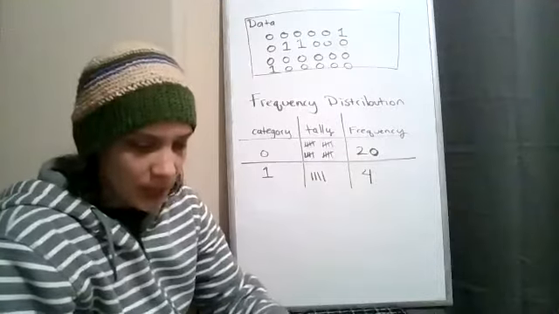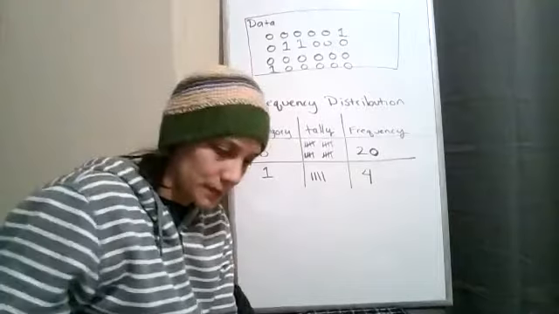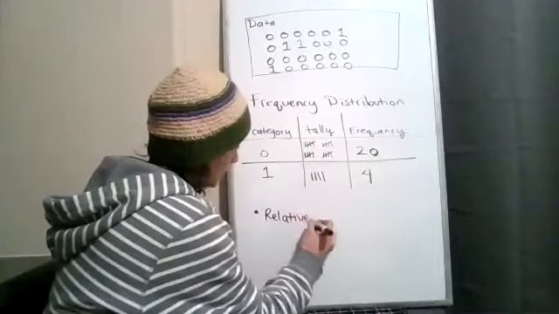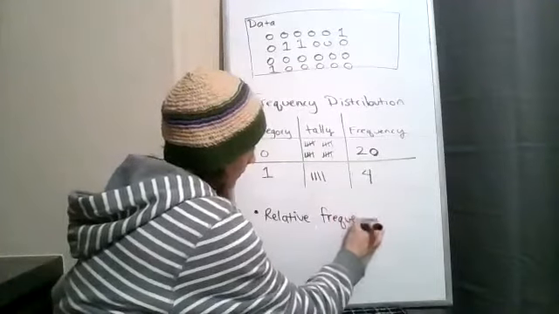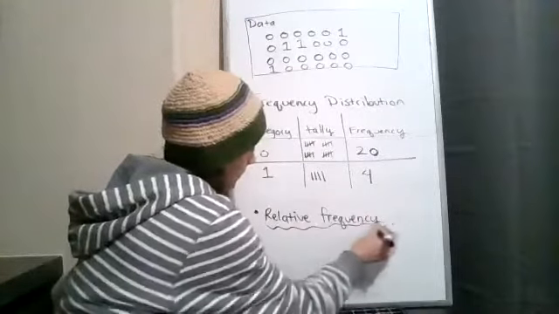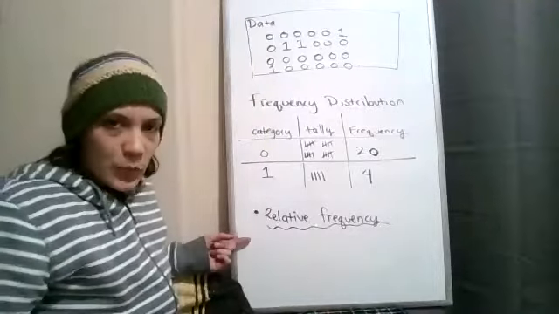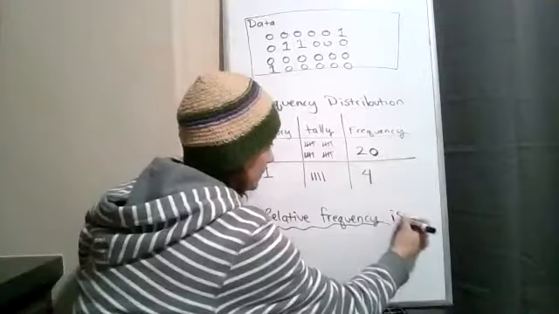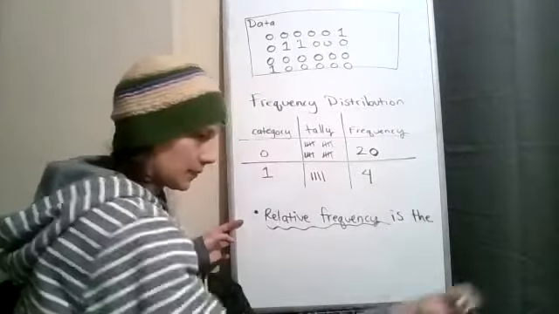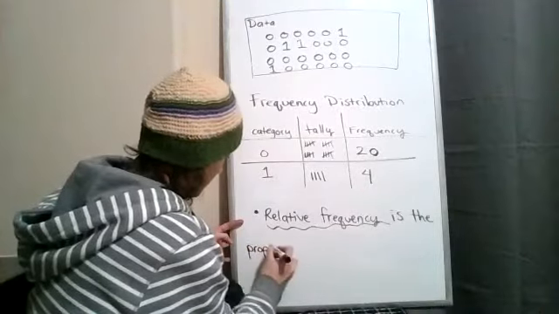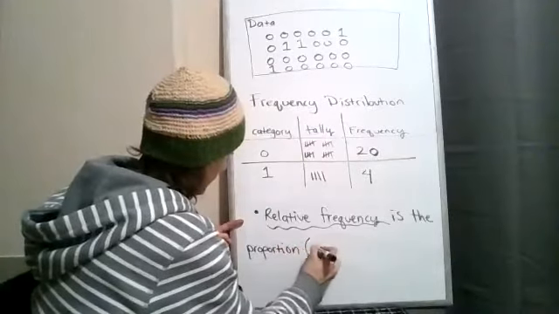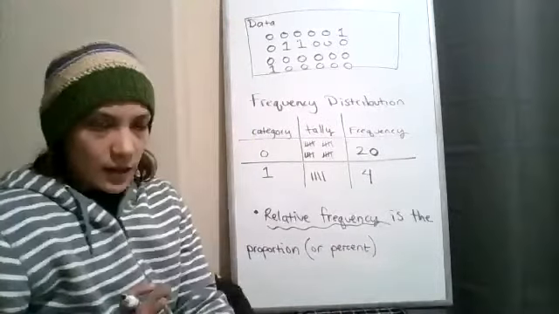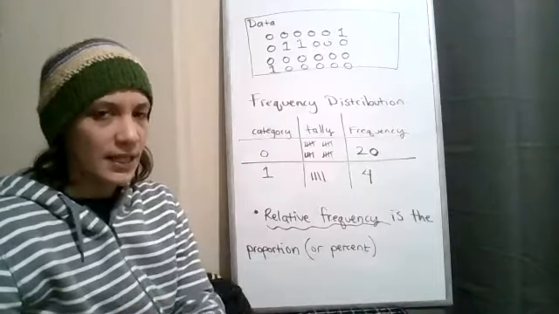So let's do relative frequency. Relative frequency is the proportion or percent of observations within a category.